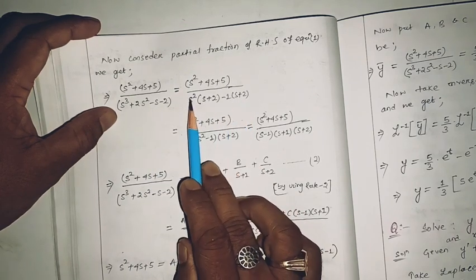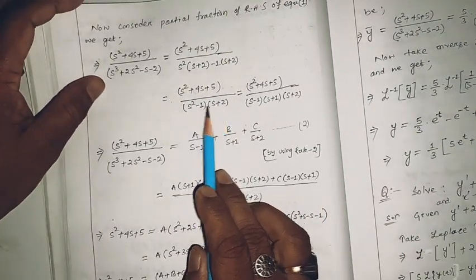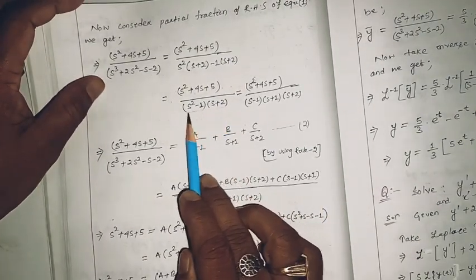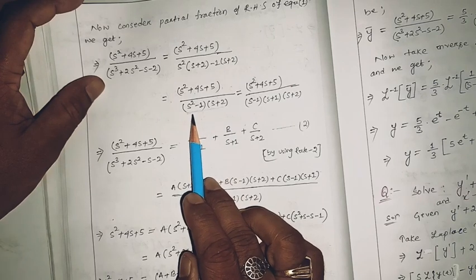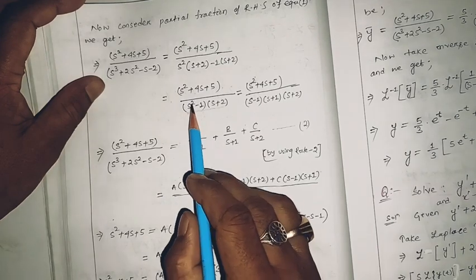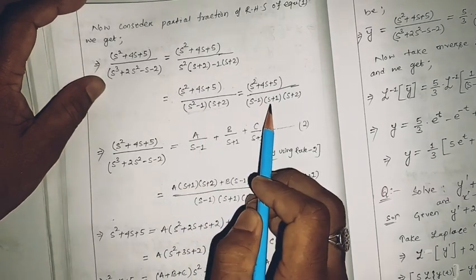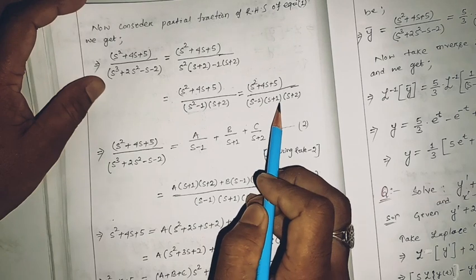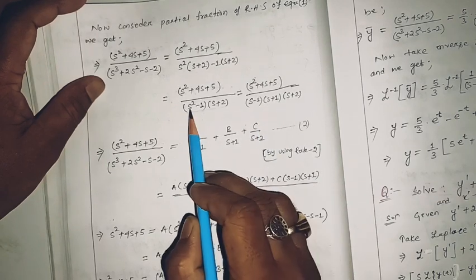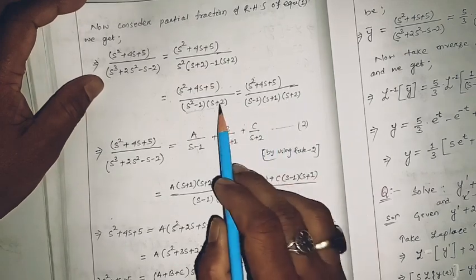Then s plus 2 is taken common, so it becomes (s squared minus 1) into (s plus 2). Now we go for the partial fraction. See here, s squared minus 1 can be written as (s minus 1)(s plus 1), because it is of the form a squared minus b squared. So we have s minus 1, s plus 1, and s plus 2.